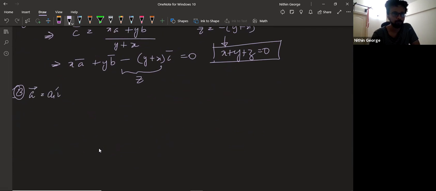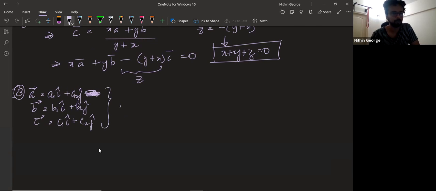This is for 2D. A equal to a1 i cap plus a2 j cap, B equal to b1 i cap plus b2 j cap, C equal to c1 i cap plus c2 j cap.